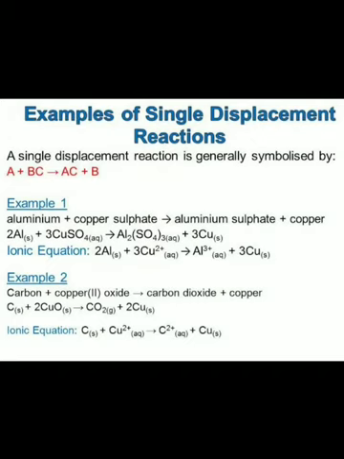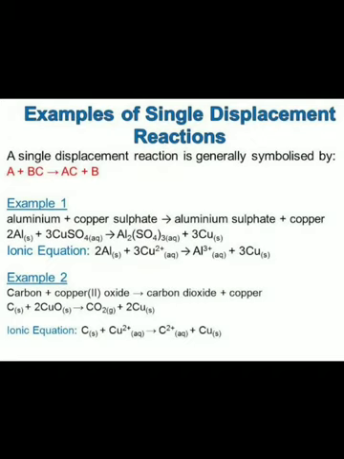For example, aluminium plus copper sulfate. According to the formula, what will you get? Aluminium sulfate plus copper. That is A plus BC gives rise to AC plus B.